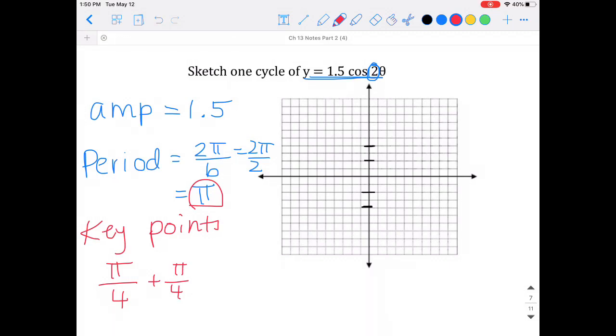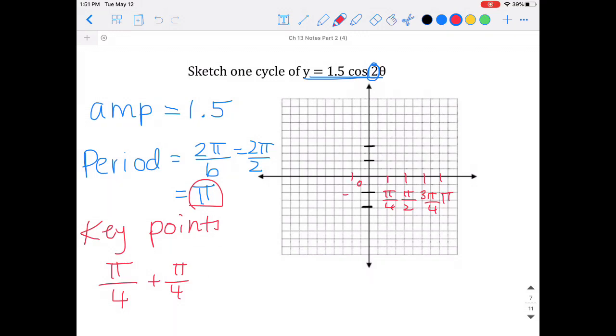We're going to start at 0. The first point is pi over 4. Pi over 4 plus pi over 4 is 2 pi over 4, which is pi over 2. Plus pi over 4 is 3 pi over 4. And then plus pi over 4 gives us pi. And we're doing the same thing in the negative direction.